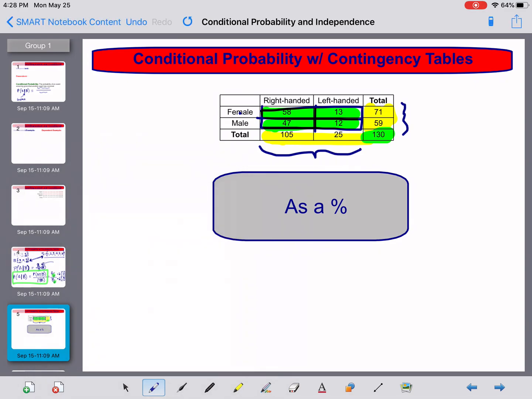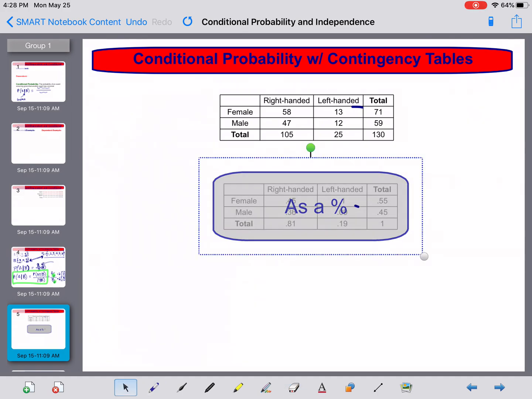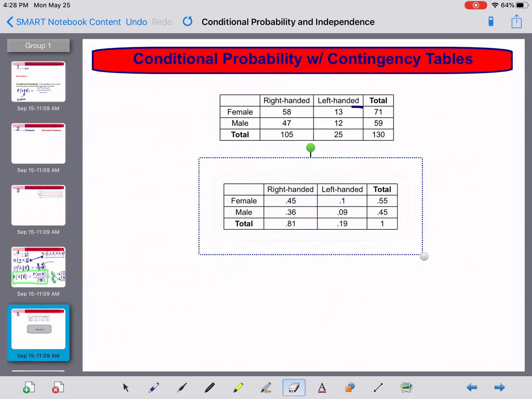Now, you can sometimes see these contingency tables as percentages. So you'll see you have a blank piece on the bottom below all these numbers. If you want, you can pause the video and do the percentages, see if you get what I get. Otherwise, you can just fill in now. And so here's the same table as a percentage.